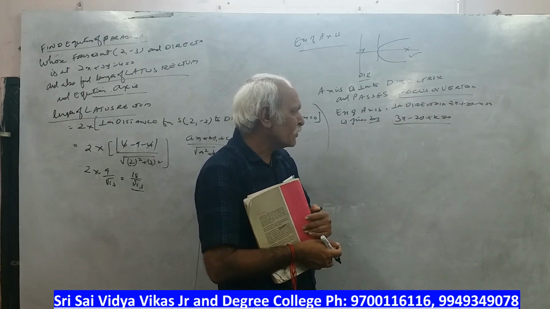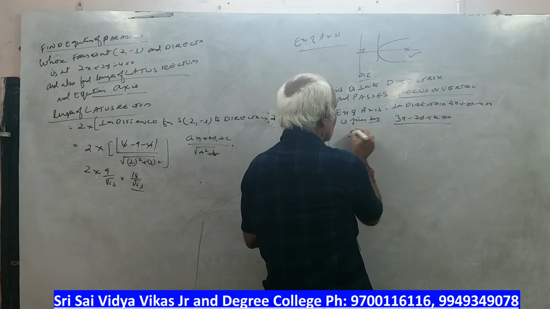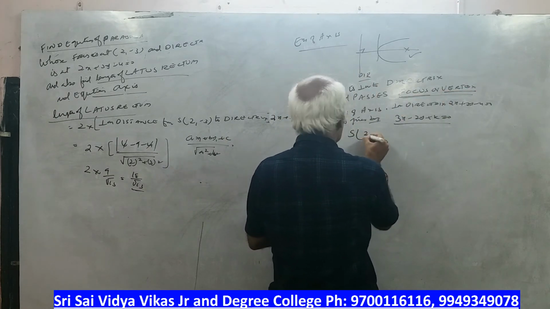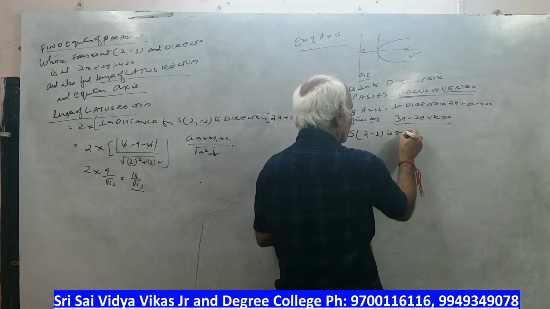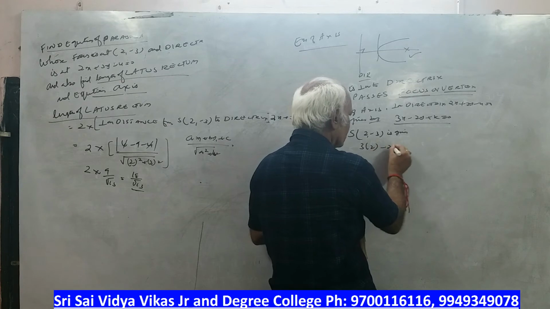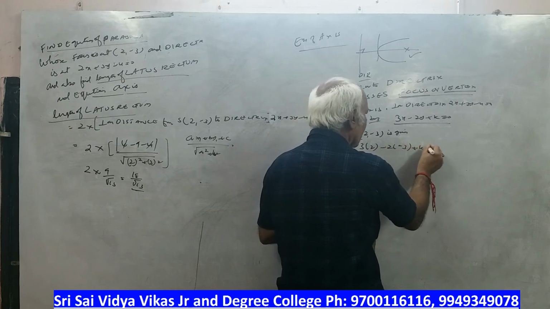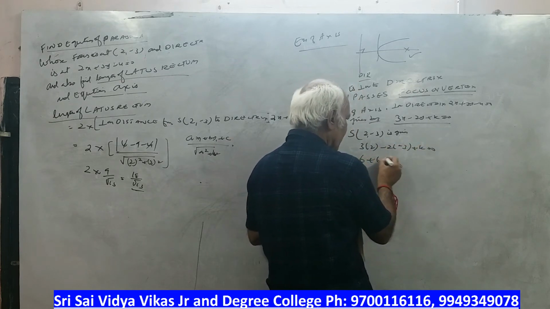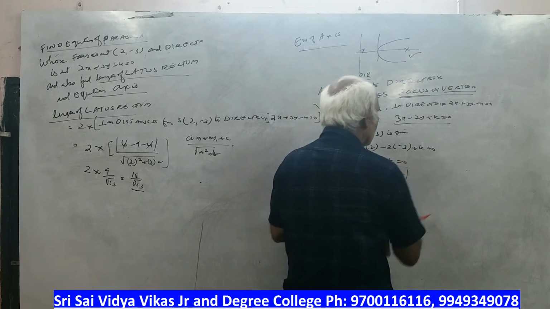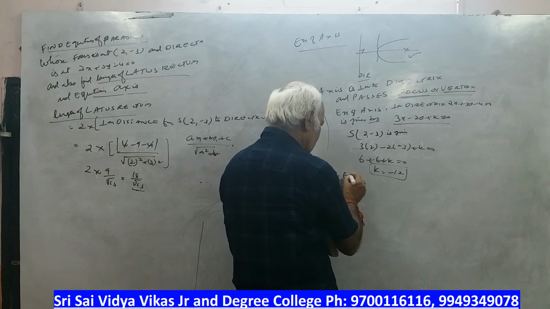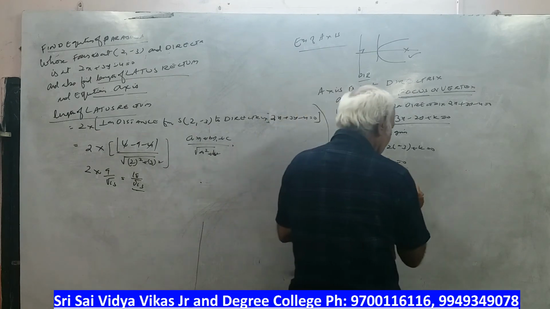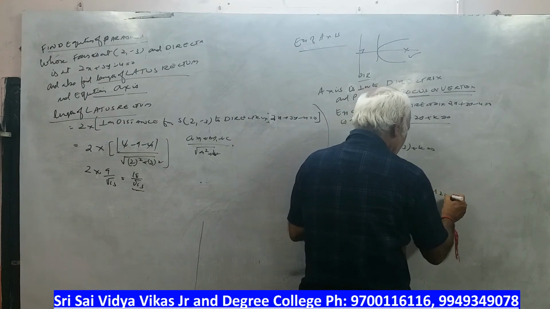So 3x minus 2y plus k is equal to 0. Now what is given? Either you require vertex or focus. Focus is 2 comma minus 3, given. Therefore 3 into 2 minus 2 into minus 3 plus k is equal to 0. 6 plus 6 plus k is equal to 0. So k is equal to minus 12. Therefore the equation of axis is 3x minus 2y minus 12 is equal to 0.